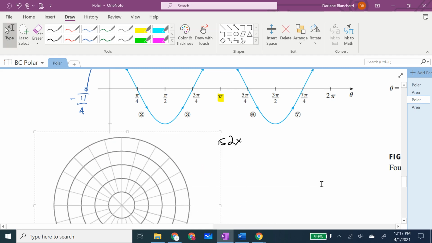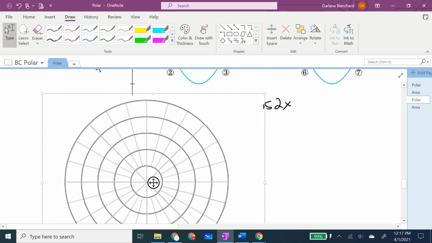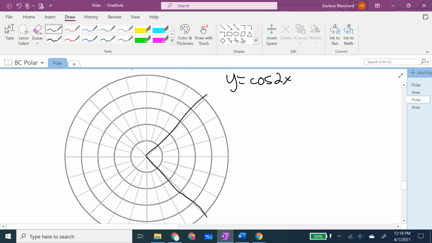Okay. So as I travel from negative pi over 4 to positive pi over 4, I start at 0, and I'm going to call this 1, radius 1 right there.